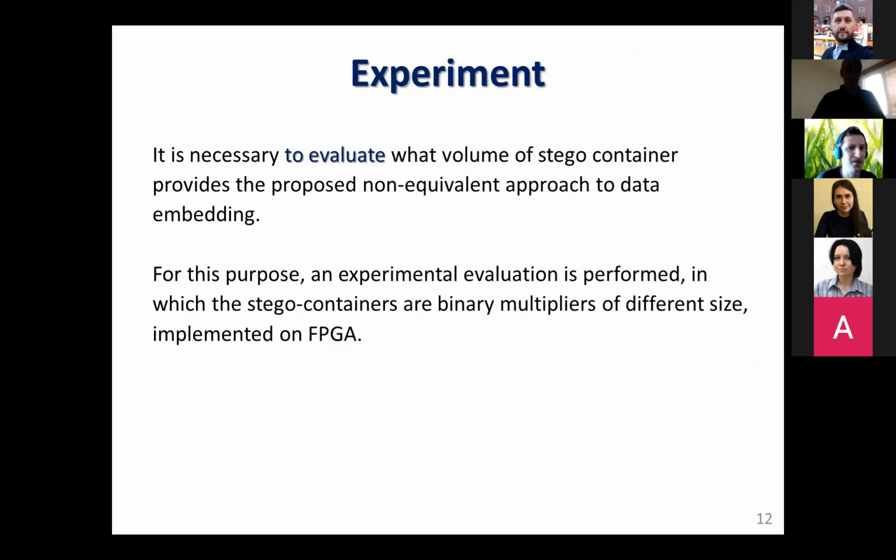It's necessary to evaluate what volume of Stega container the proposed non-equivalent approach to data embedding provides.